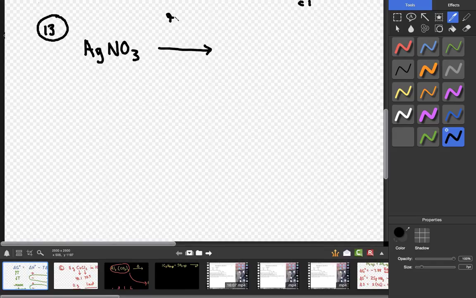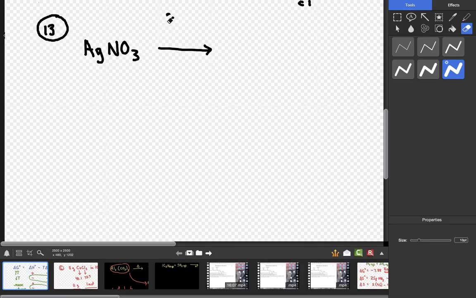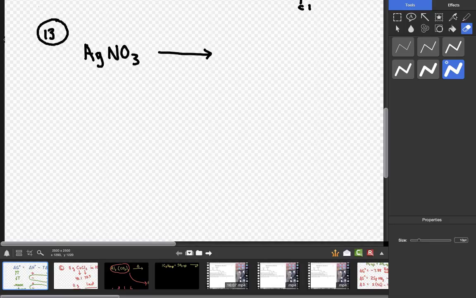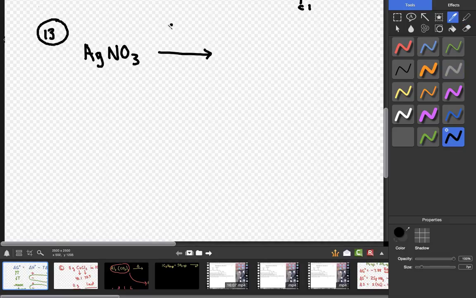So like with chlorides, bromides, and iodides, for one. But also carbonates, sulfates, etc. Lots of complexes with silver are not soluble.